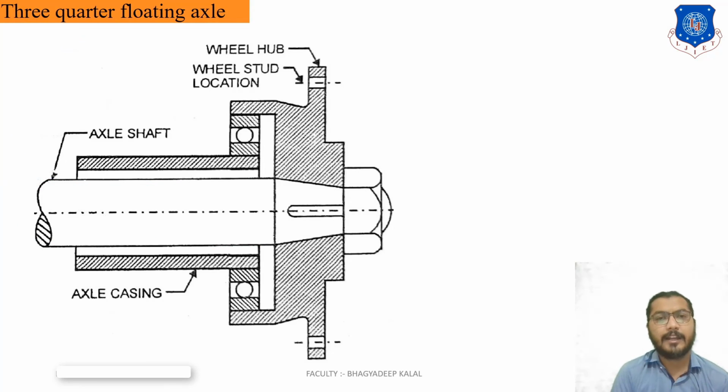Before the 90s, this type of three-quarter floating axle was used. At one time these were popular and used earlier. But with some changes in design, materials, size and shape, three-quarter floating axles changed again into the semi-floating axle, and nowadays three-quarter floating axles are not used.